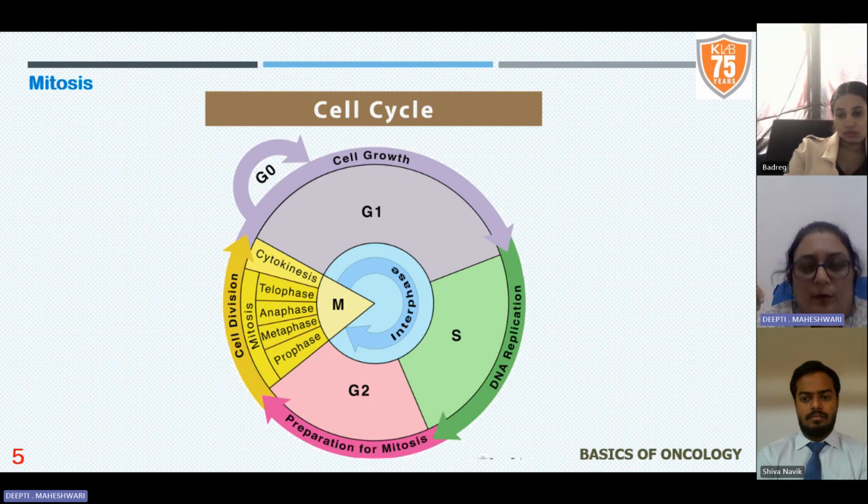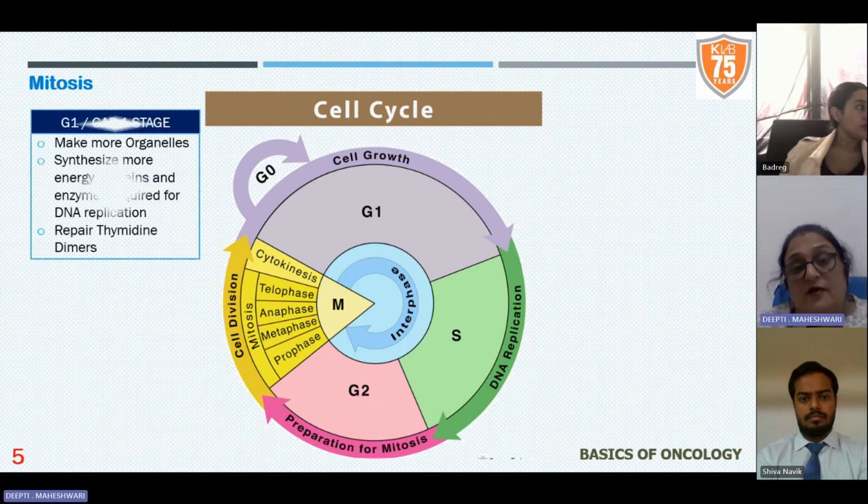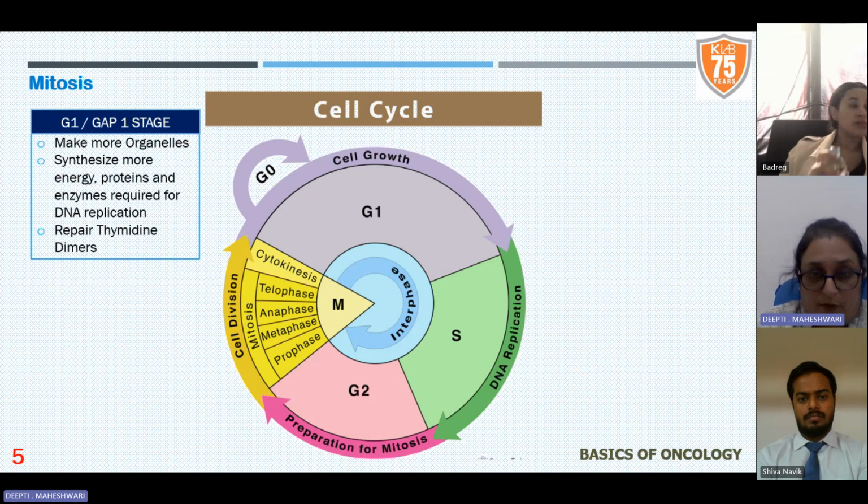There are so many steps involved. There are so many enzymes, so many proteins, so many chemicals involved. Only after each one of them starts working in the right manner do you have cell mitosis taking place. So that's why understanding each phase or each step is very important for us.